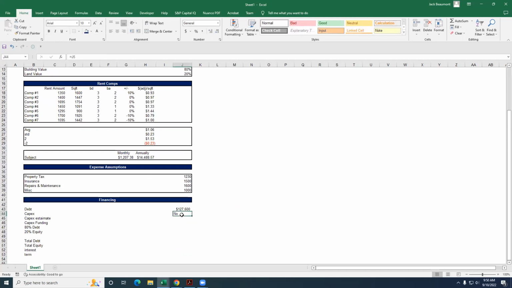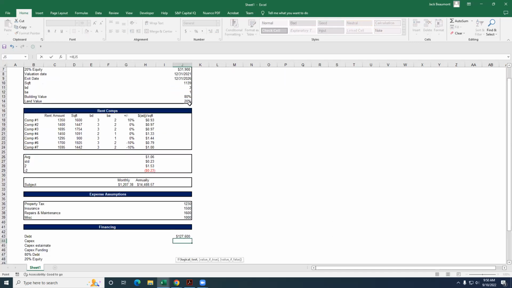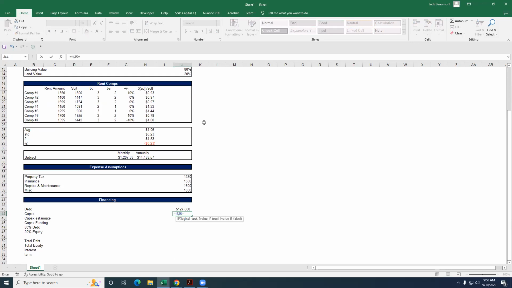let's do an if statement. Equals if this equals yes, then the value will equal estimate CapEx.